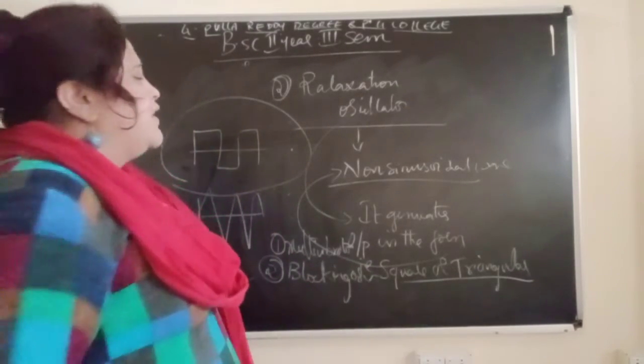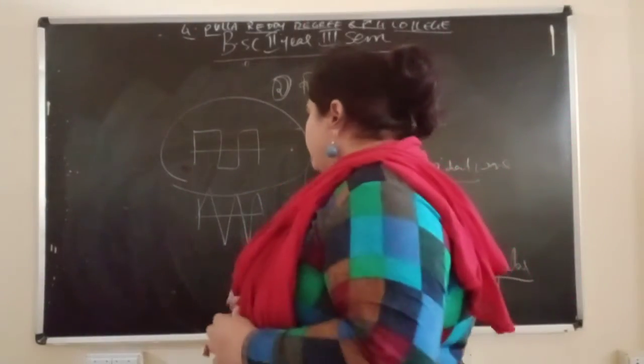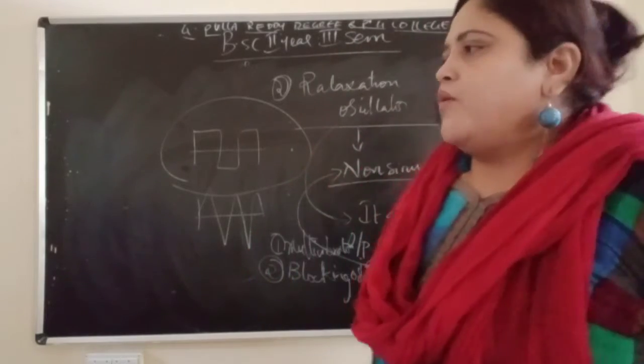So relaxation oscillators are again two types. What are they? One is multivibrator and one is blocking oscillator.